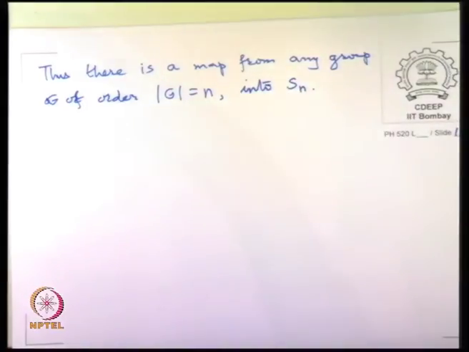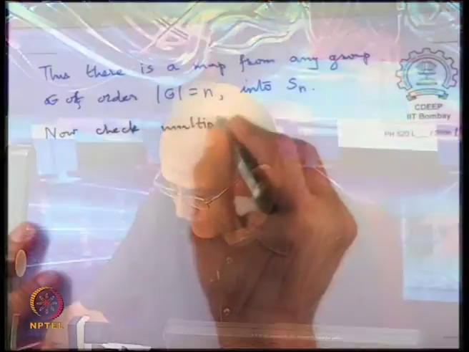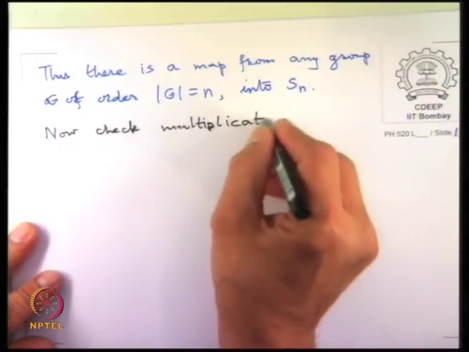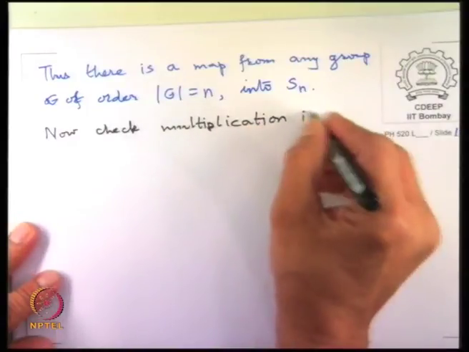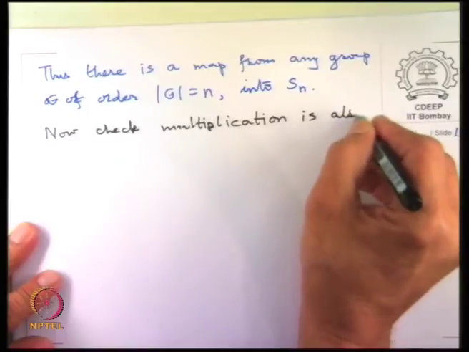So we have verified that there will exist some element in Sn which will realize whatever G does. But now we need to check that it actually forms a subgroup when realized as a permutation. To check the multiplication rule, multiplication is also realized.